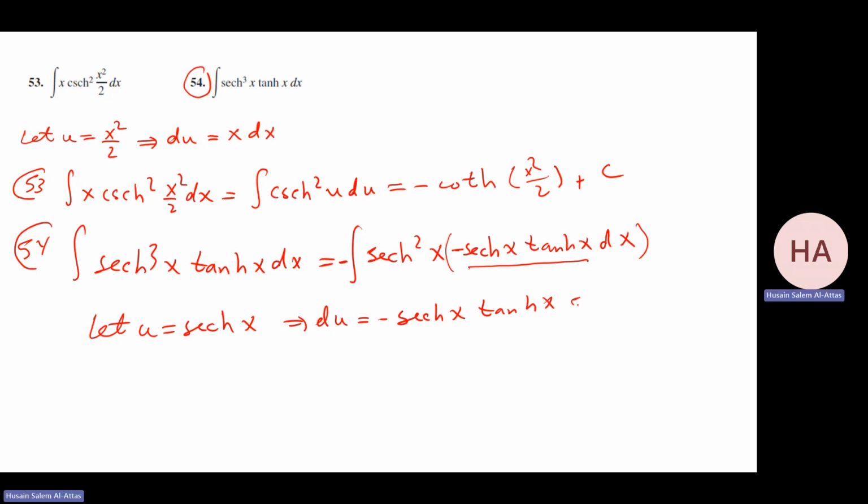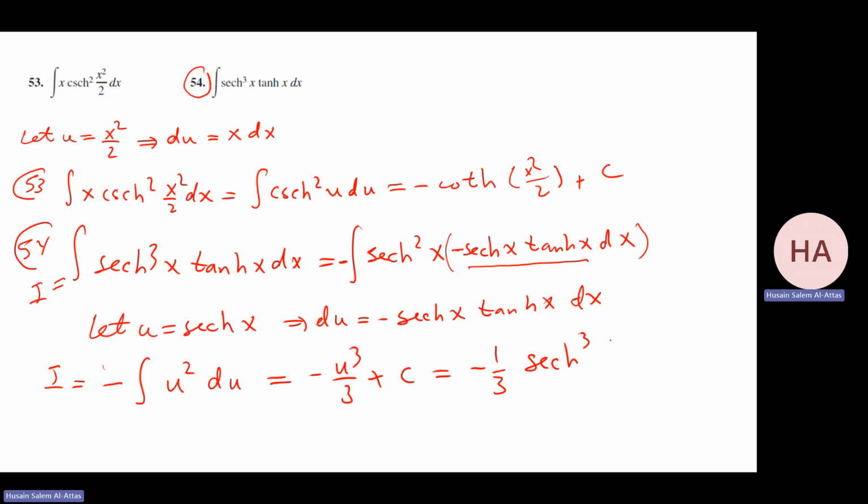So this integral, call it I, will be minus u squared du. So it's minus u cubed over 3 plus c, which is minus 1 over 3 secant hyperbolic cubed x plus c.